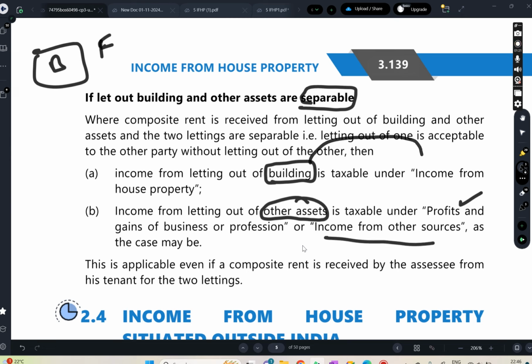But whatever you are getting from the building, you charge under IFHP. This is if it is separable. You can separately charge for building and for furniture, because if my rent is 60,000, 50,000 is for building, 10,000 for furniture. I can easily separate it.